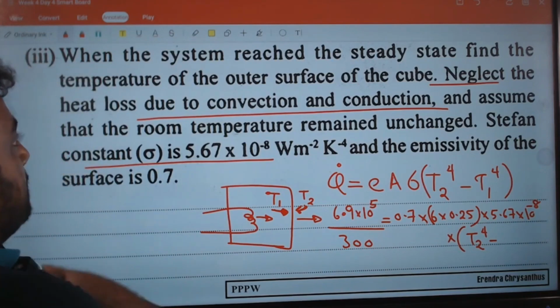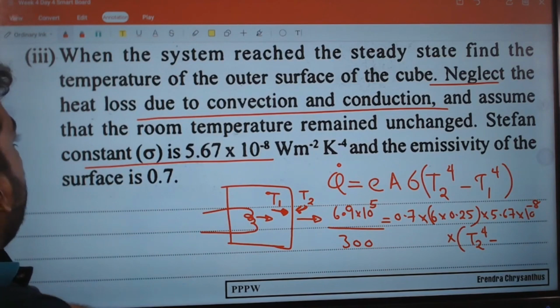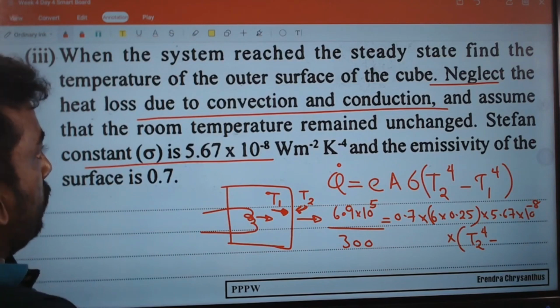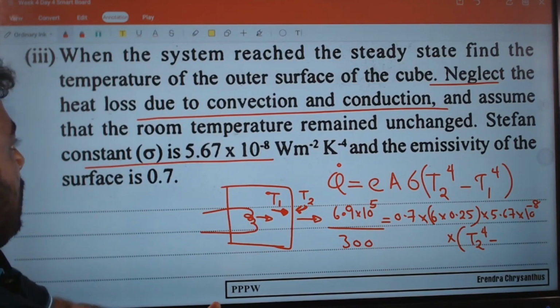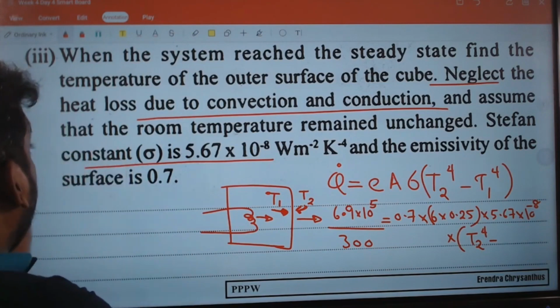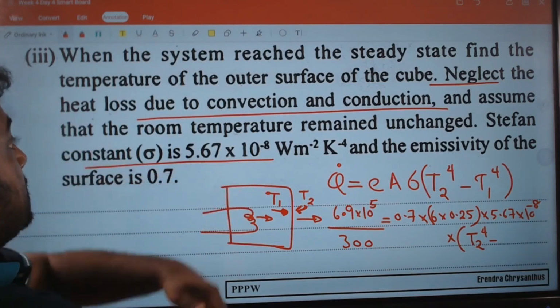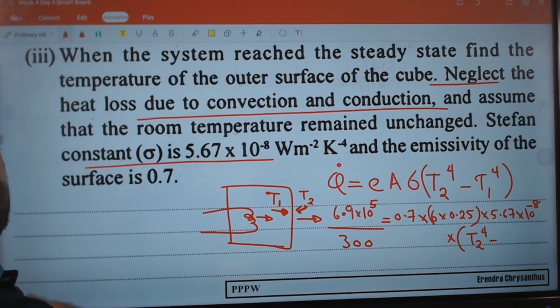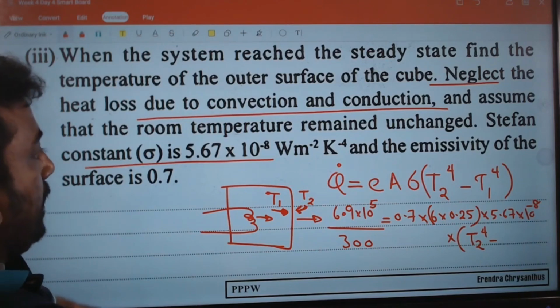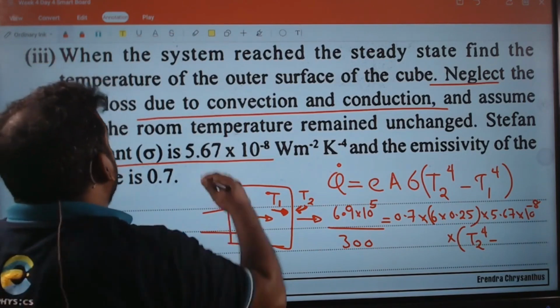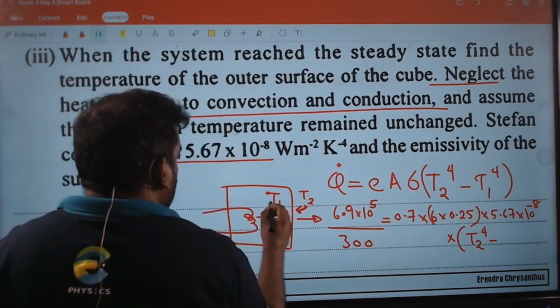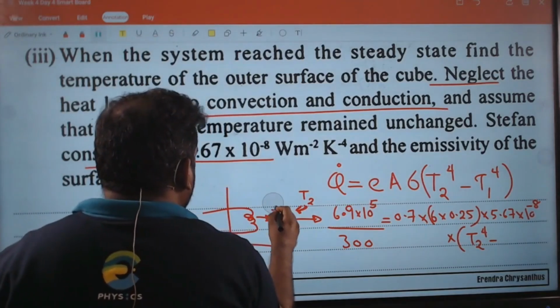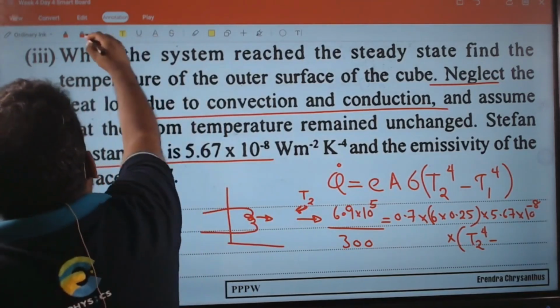So when the system has reached steady state, find the temperature of the outer surface of the cube, neglecting heat loss due to convection and conduction, and assume that the room temperature remains unchanged. So don't worry about this. Look at this carefully.